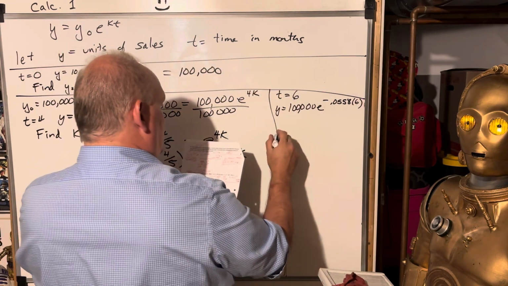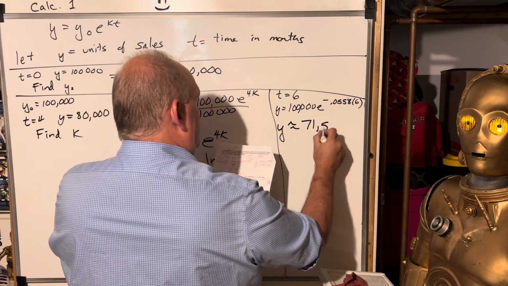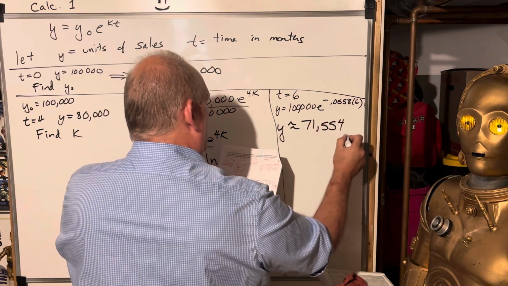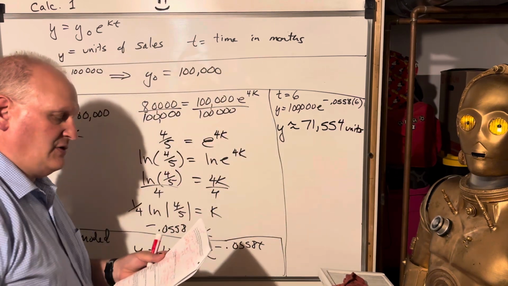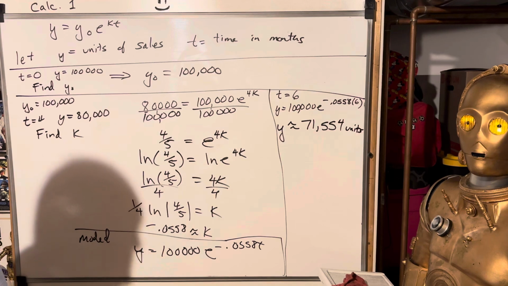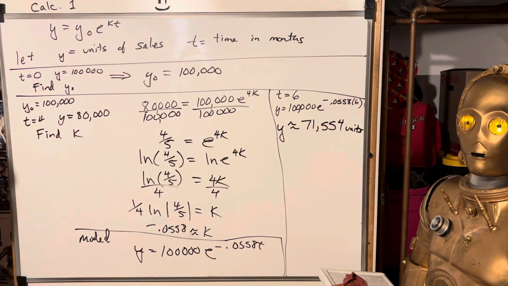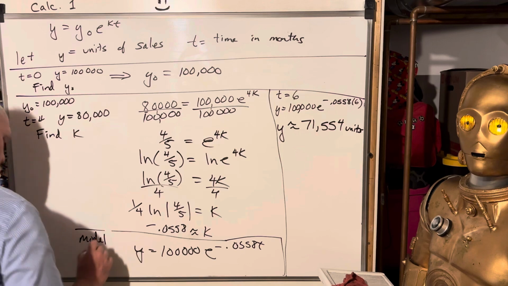And then that is going to be approximately 71,554 units. Oh no. It's dropping exponentially. Okie dokie. Oof, that's a really ugly model.